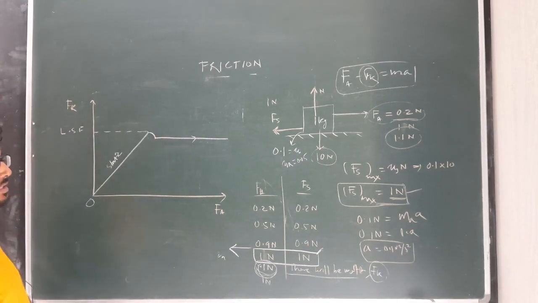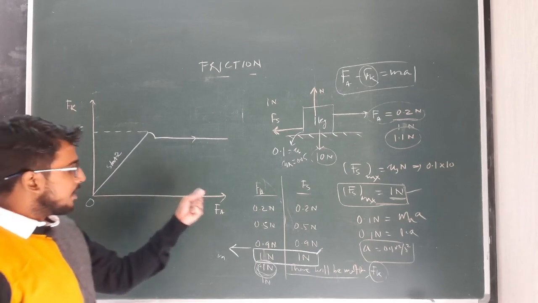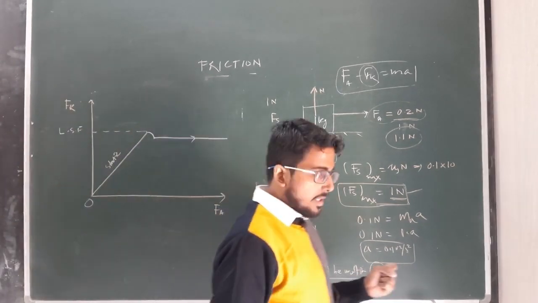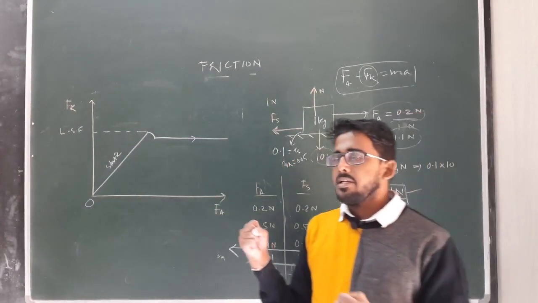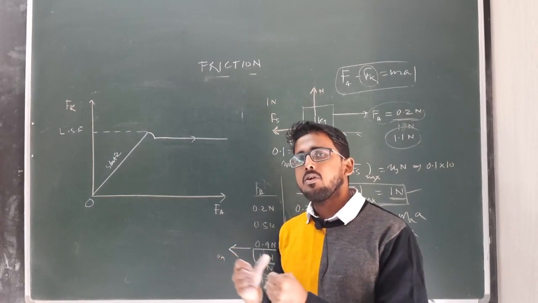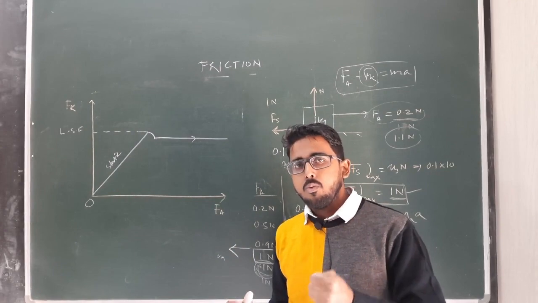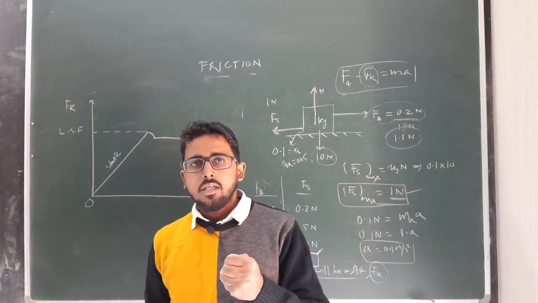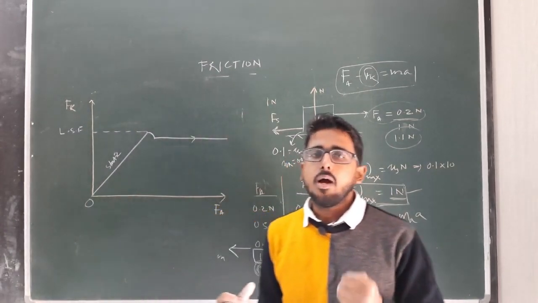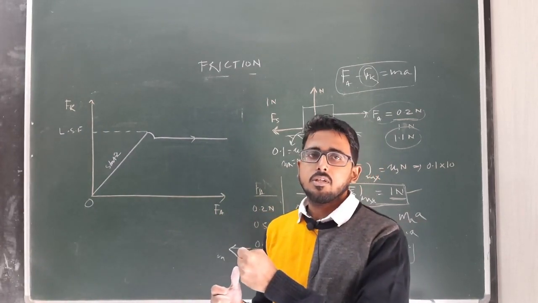The limiting static friction. Okay, you can easily imagine that when there is a jam in a door and it's not opening easily, you have to apply a large amount of force, but once the door opens, you don't need to apply that much force further.